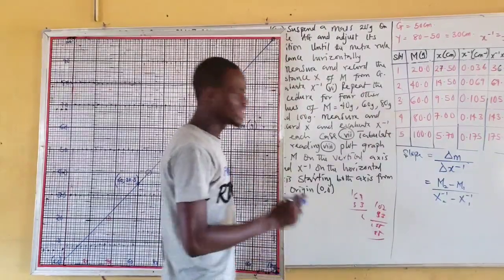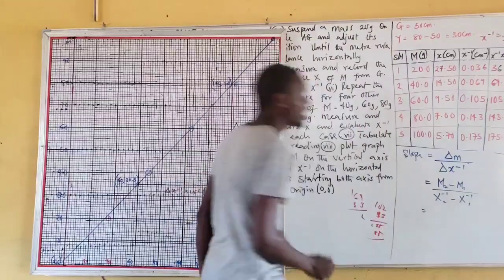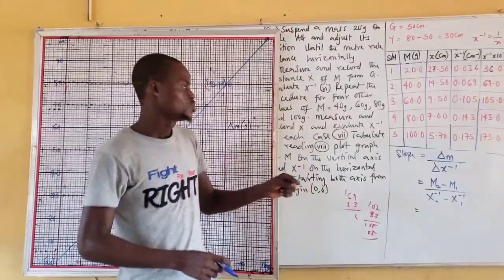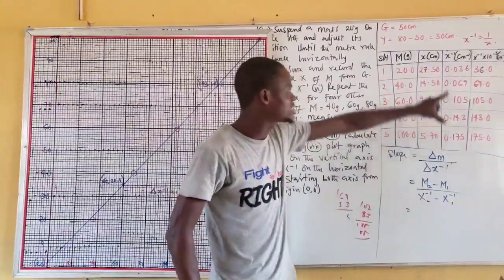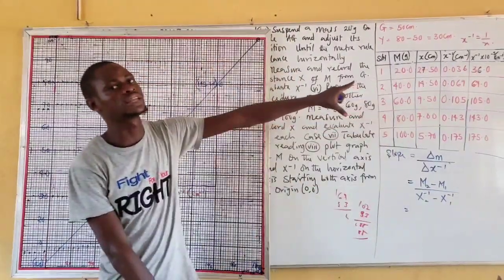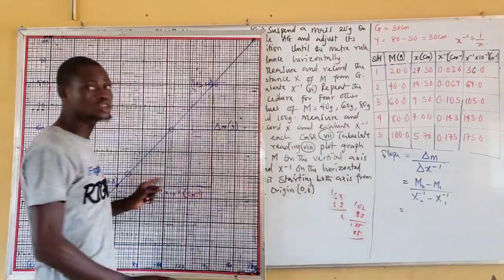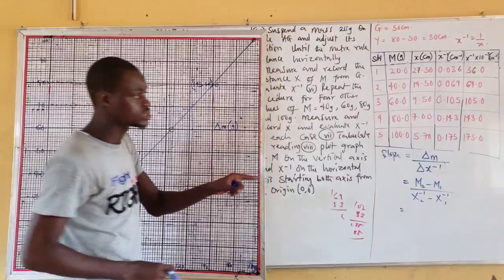Are we together? But if you want to write your slope, please take note that you have to write your slope by putting your 10 raised to the power minus 3 for your S inverse. Don't forget that it has 10 raised to the power minus 3, so you are going to include it back when you write your slope.